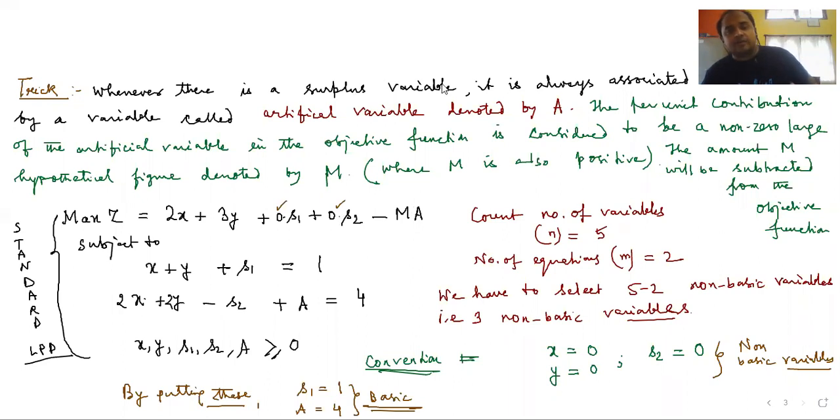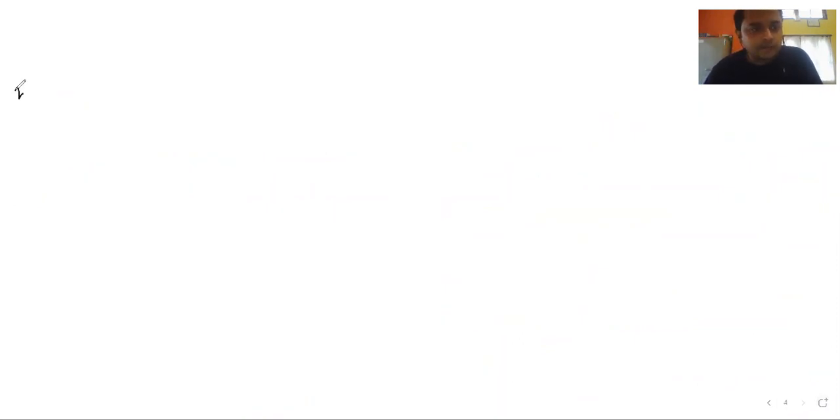The artificial variable is a kind of indicator. Yes, indeed, we have put the per unit contribution of the artificial variable to be a positive number. But we will try to eliminate the artificial variable from the chart.